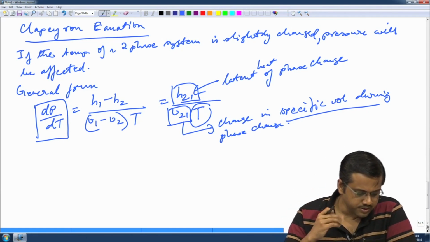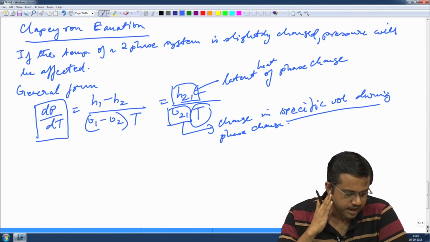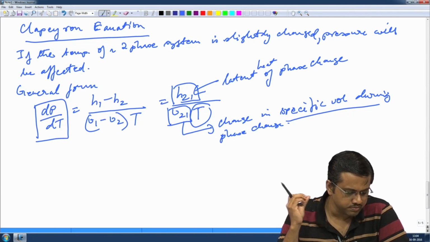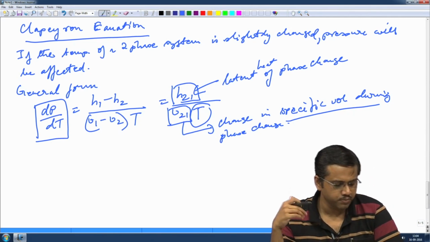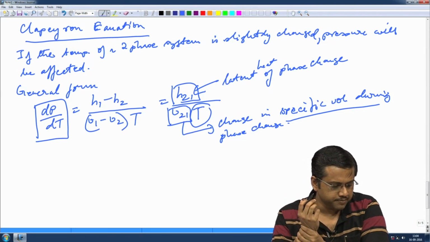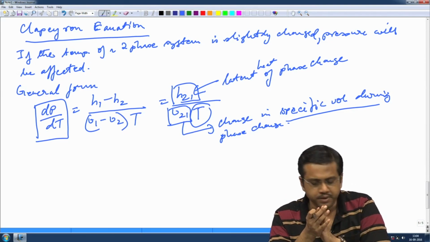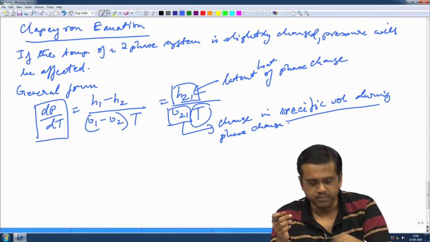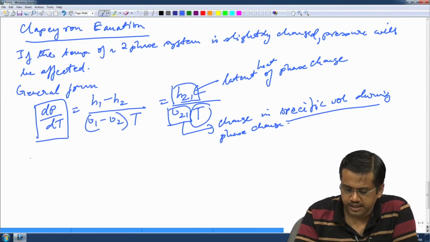Now, several relationships among temperature, pressure, volume and the enthalpy change for a single component system exist, but the two phase system at equilibrium actually obeys a form like this. Now, this is valid for any system.